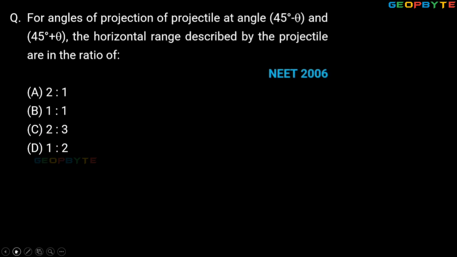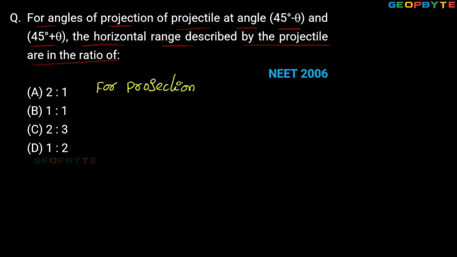Similarly, let us take another important problem. Look at the screen. It is asking like this: for angles of projection of a projectile at 45 degrees minus theta and 45 degrees plus theta, the horizontal ranges described by the projectile are in the ratio of. It is given for two projections. For projection 1, the angle is theta 1 equal to 45 degrees minus theta.